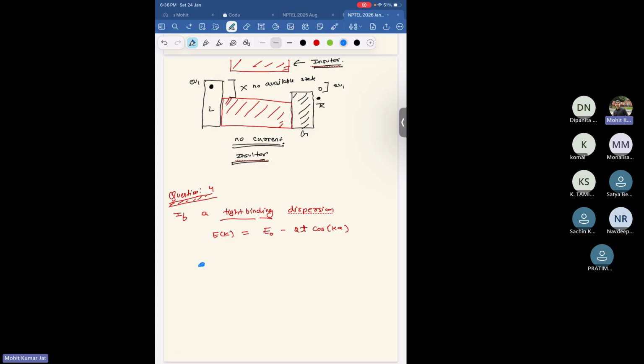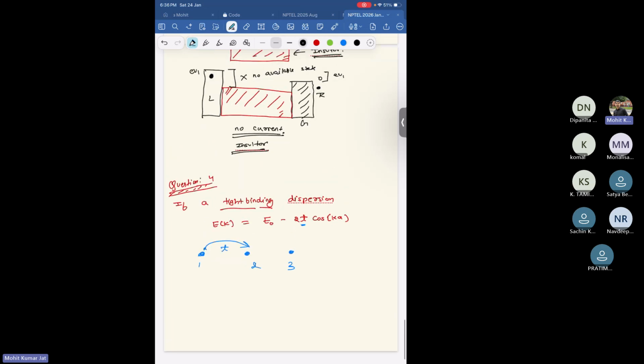If you have a lattice with atoms one, two, three, what is the probability of hopping from 1 to 2, what energy is required for the electron to hop from 1 to 2? That is t. If the atoms are far apart, t will be large. If the atoms are closer, t will be small.